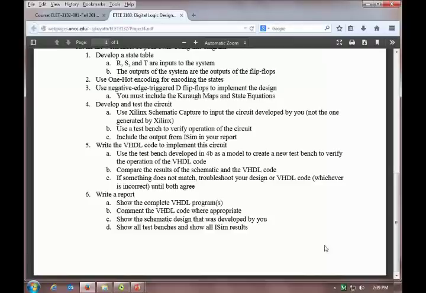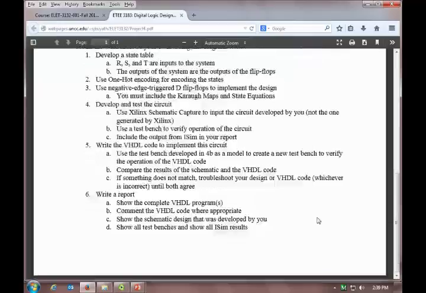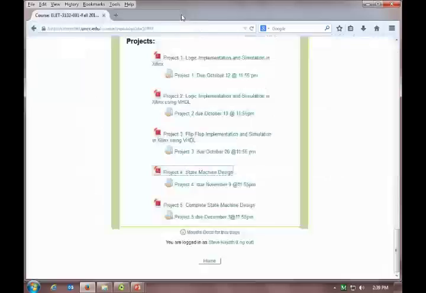That means you got to show me the schematic, those tables, the Karnaugh maps and state equations, the VHDL code, and your input VHDL test bench and your output, and they all got to match. There's a lot going on.